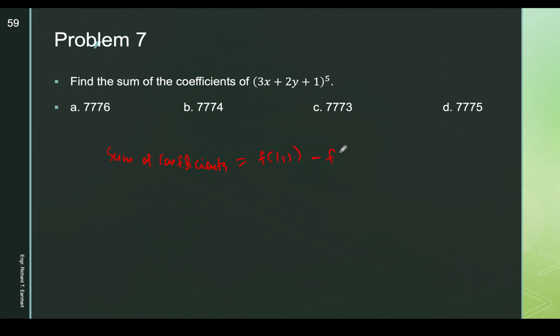This is the formula, and this will be your f of x, y. So we have (3 times 1 plus 2 times 1 plus 1) raised to the 5th power minus (3 times 0 plus 2 times 0 plus 1) raised to the 5th power. And this gives you 7 to the 5th. Okay? This is 7, 3, 2, 1, 7.